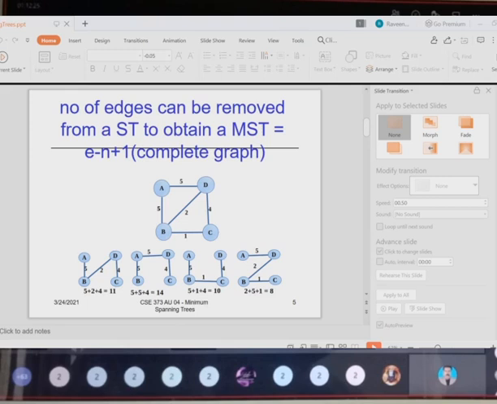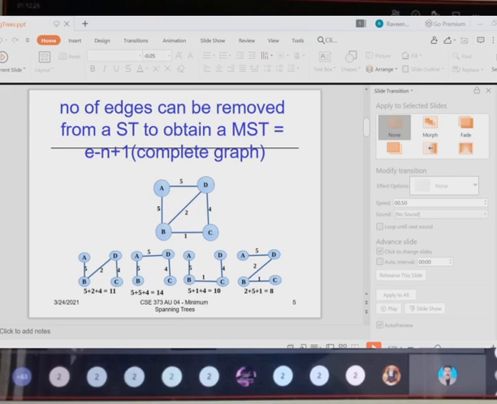So how to follow this Kruskal algorithm is that we have 3 to 4 steps in total. The first step is that if the graph has parallel edges or loops, we have to first remove them. Here we do not have any parallel edges or loops, so it is not applicable here.